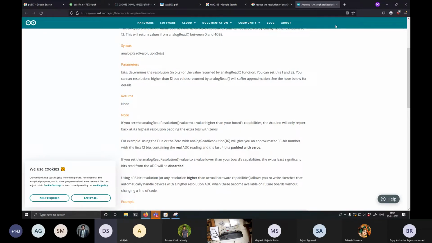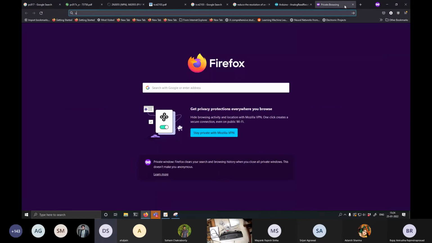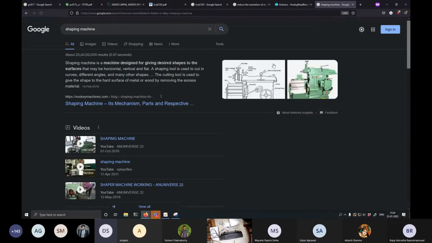This can be used also for, I mean, something like this is present on a shaping machine. Everyone knows what a shaping machine is. This is called a shaping machine.